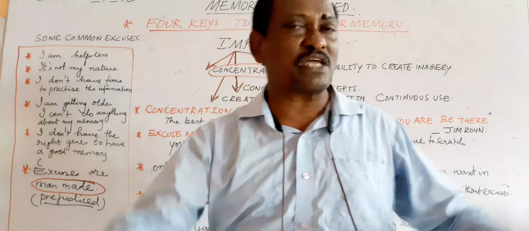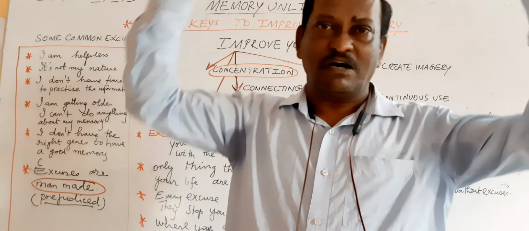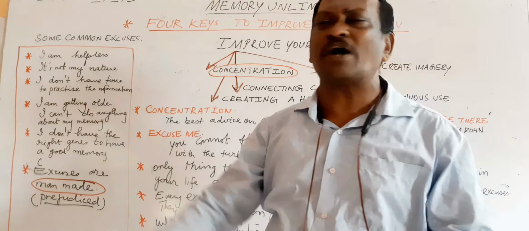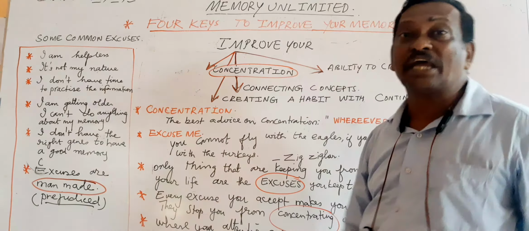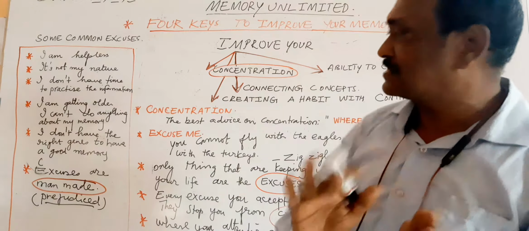What is imagery? It is a kind of symbolic representation. Pictures, illustrations, all these come under imagery, and we need to develop an ability to create imagery. We will discuss that in detail.